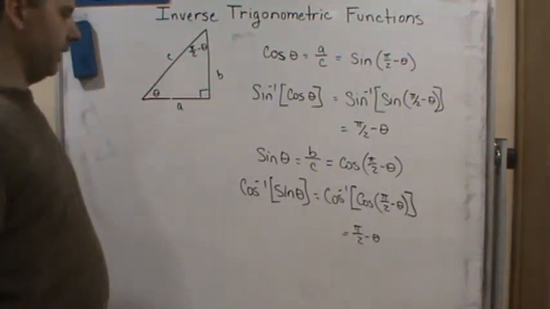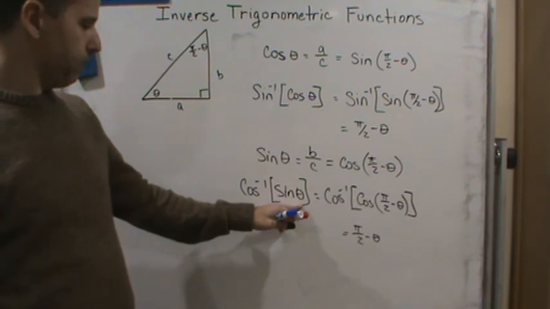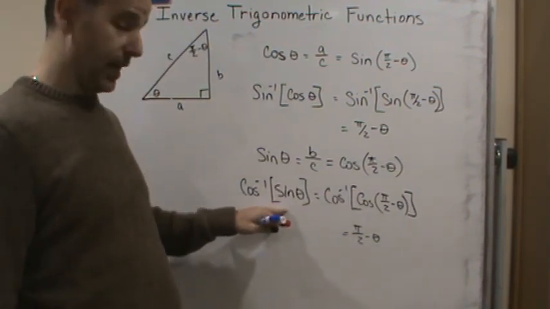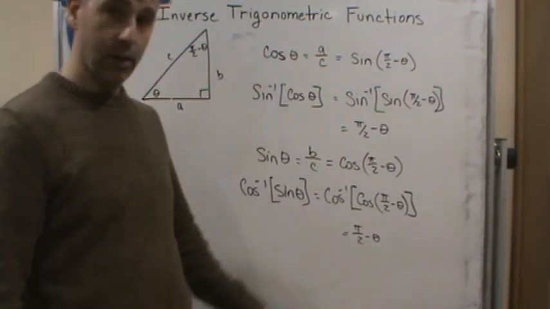And then again, if theta is not in the domain, then we have to find an angle that gives us the same result, and then we subtract that angle from pi over 2.